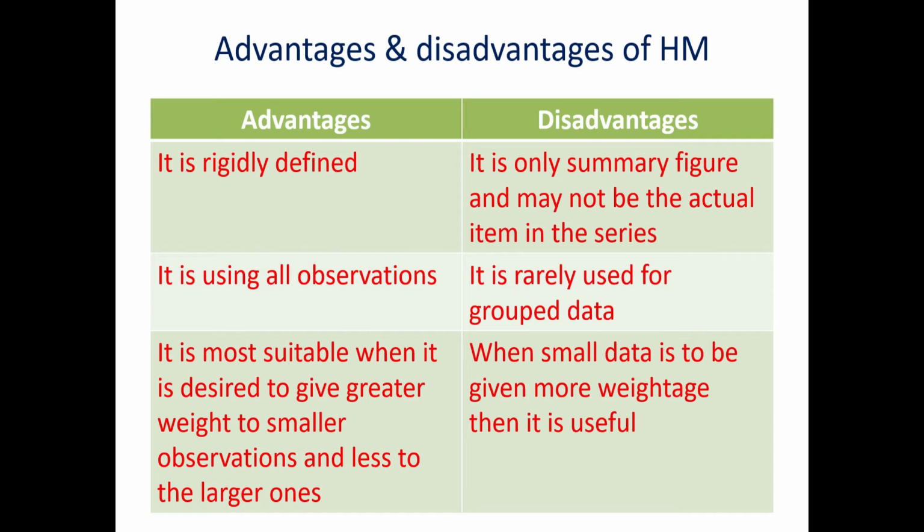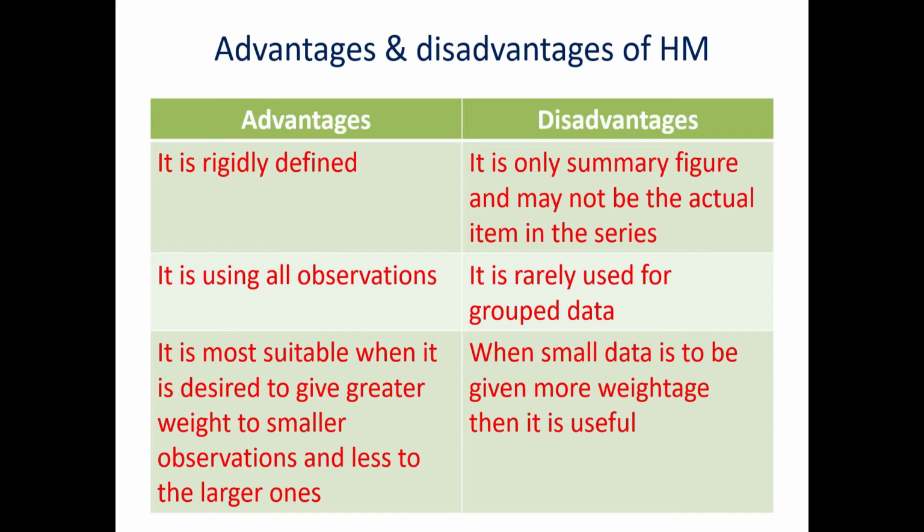And what are the advantages and disadvantages of harmonic mean? Advantages: number 1, it is rigidly defined. Number 2, it uses all the observations. Number 3, it is most stable when it is desired to give greater weight to smaller observations and less to larger ones.